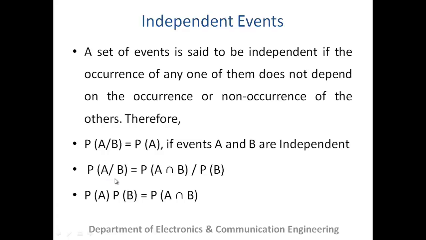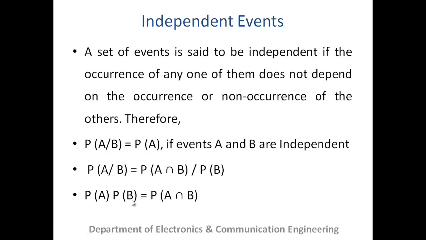So from the conditional probability statement we can say that probability of A if B has occurred is given as equal to probability of A intersection B divided by probability of B. So if we cross multiply it, we obtain probability of A multiplied by probability of B is equal to probability of A intersection B, and this statement governs that the two events A and B are independent events.